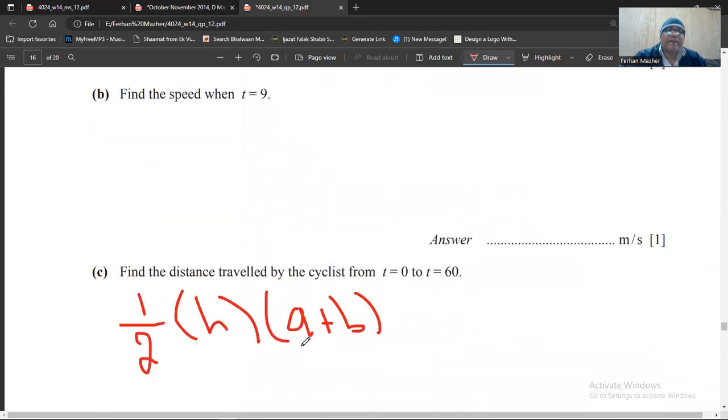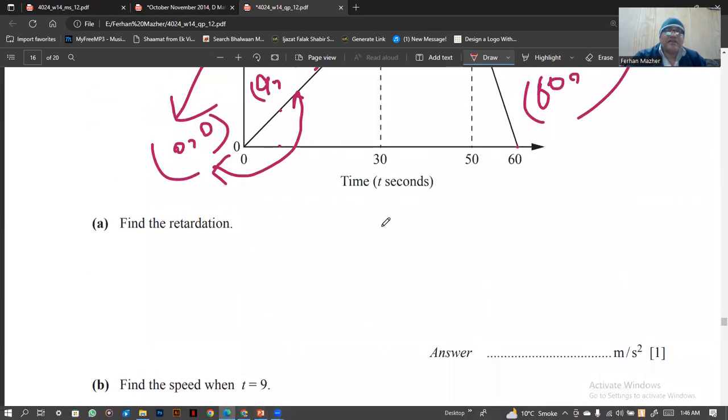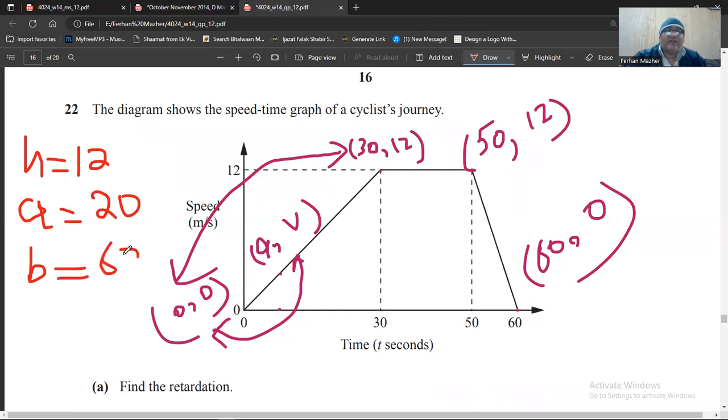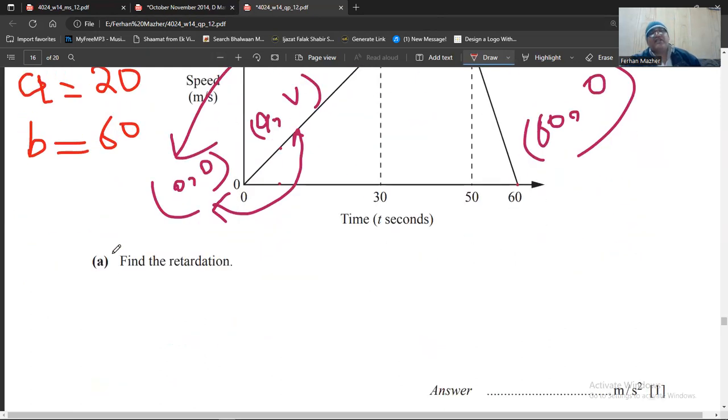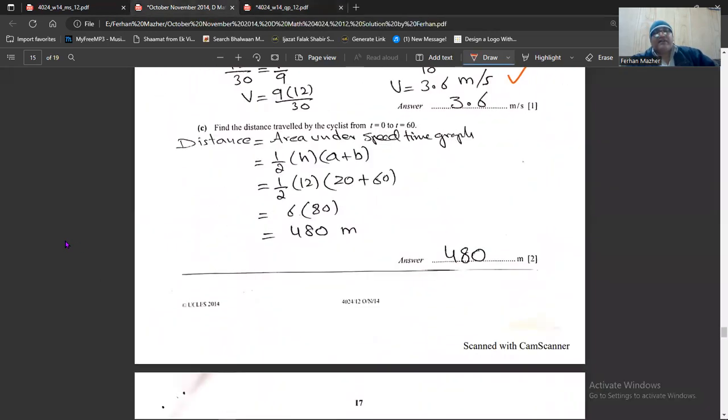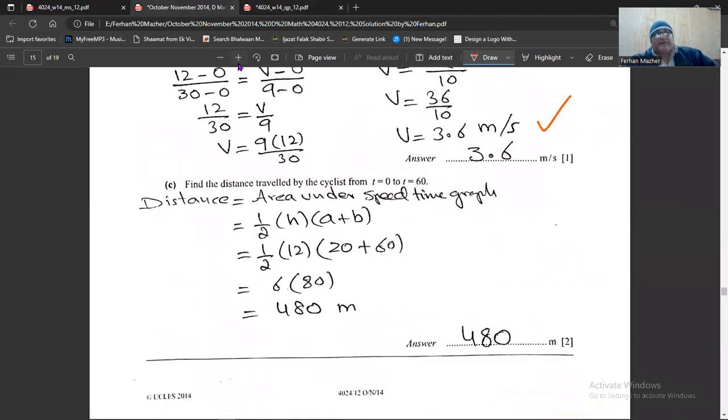So here the height is 12, and the upper parallel side is how much? 50 minus 30, that is 20. And the lower parallel side is 60. So we'll put these values in this formula, and we will be able to find the area under the graph.